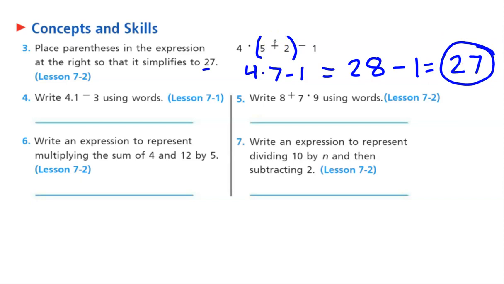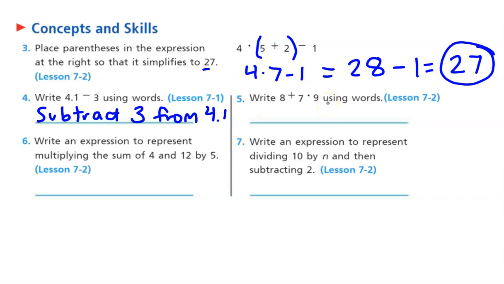For 4 and 5, it wants you to write this just using words. So it's 4.1 minus 3. You could do a couple of things. You could say subtract 3 from 4.1. That would work just fine. You could also say just simply 4.1 minus 3. That would work. Okay, number 5, write 8 plus 7 times 9 using words.